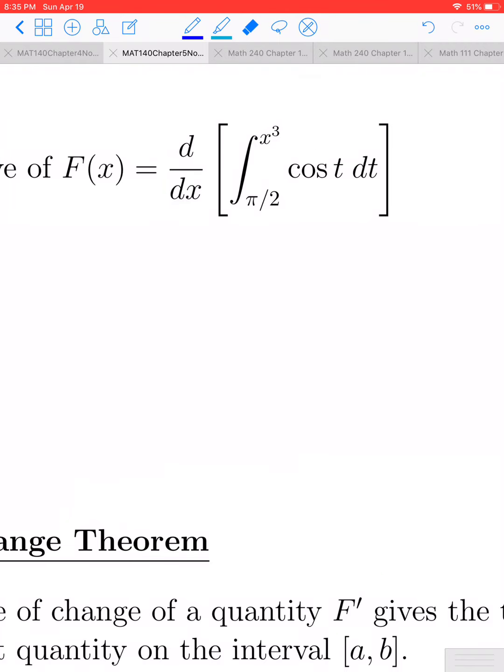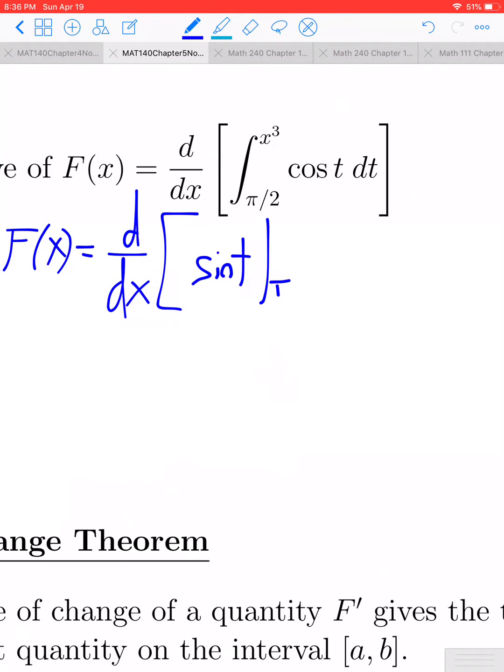So that's going to modify things in a couple different ways. To actually find this is one where we can do it in steps. And then after we do the steps, let's come back and see how this particular example generalizes that second fundamental theorem of calculus. So let's construct capital F by doing the following. We can first start off by finding the definite integral on the inside. The antiderivative of cosine t is sine t.